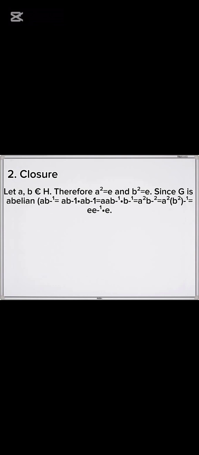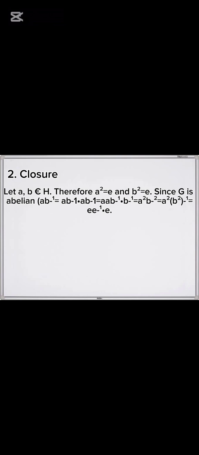Now, what I'm trying to show is that ab inverse is in H. So, since G is abelian, then (ab inverse) to the power of 2 is equal to ab inverse times ab inverse, and because it's abelian, b inverse a is the same as ab inverse. So, I'm just basically switching the order.